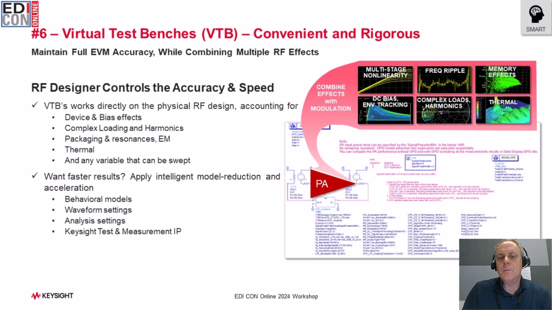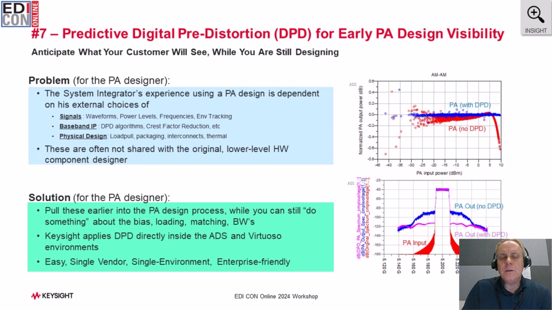Anything that can be swept can be done with one of these virtual test benches. Now with DPD specifically, you're taking a closed loop approach and actively using that signal processing. It's like augmented reality. You take that amplifier and wrap this virtual environment around it, and you can see what your customer does.